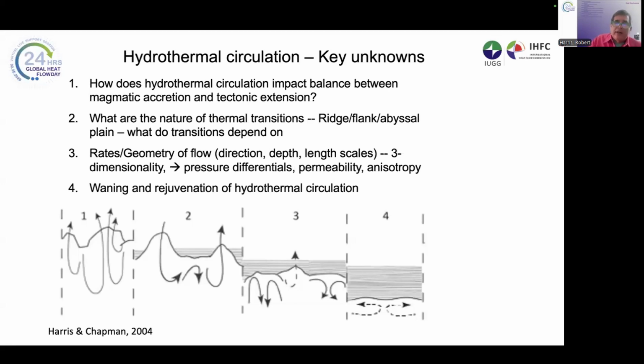A lot of the early literature looking at hydrothermal circulation was in terms of sediment thickness, crustal age, but it's probably better to think about it in terms of driving forces, that is, variations in the thermal field and the near surface thermal field, and impeding forces such as permeability and that kind of thing.